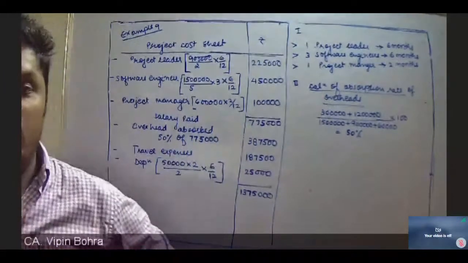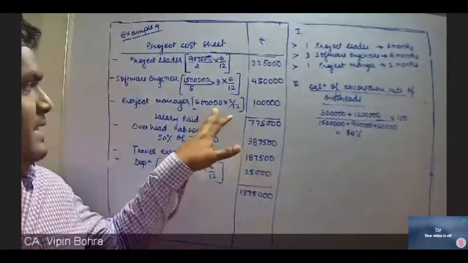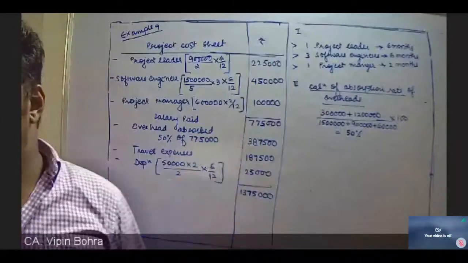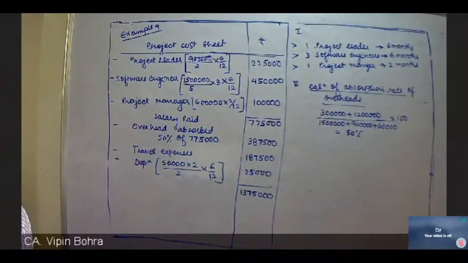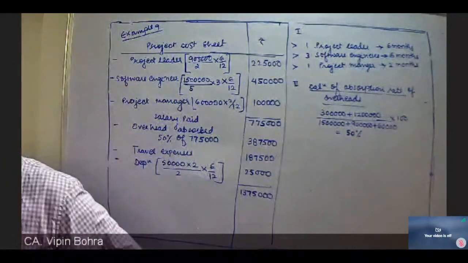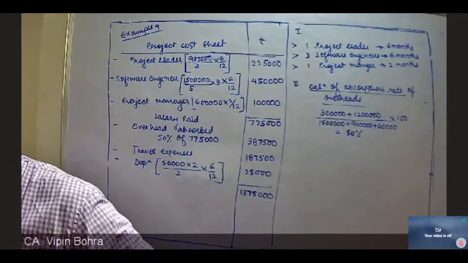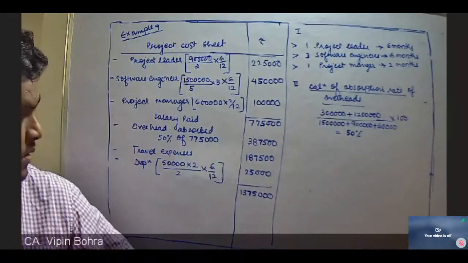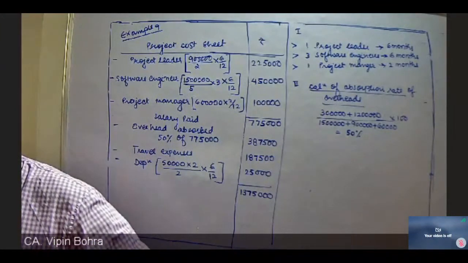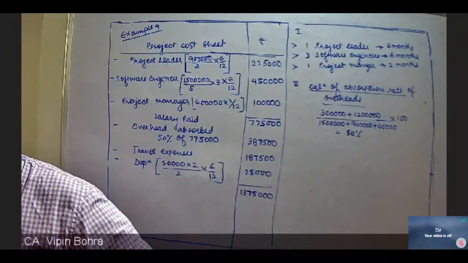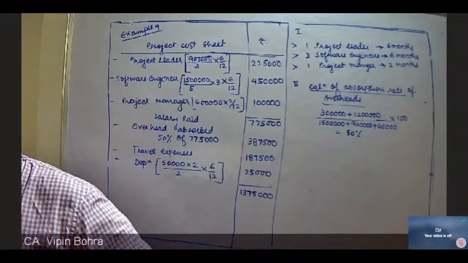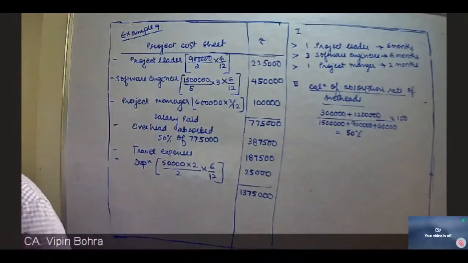The salary of project manager is 6 lakh, and since he has devoted 2 months time, so into 2 by 12. Please copy the solution, guys.